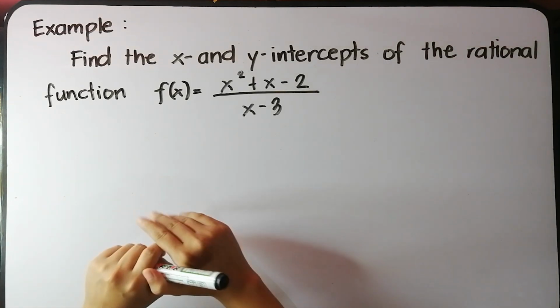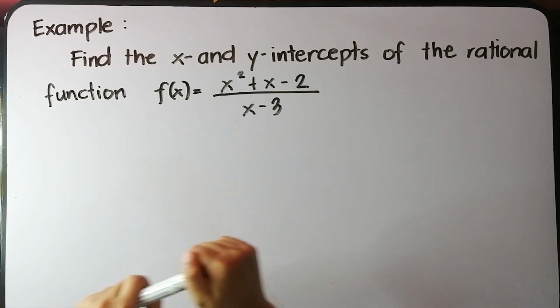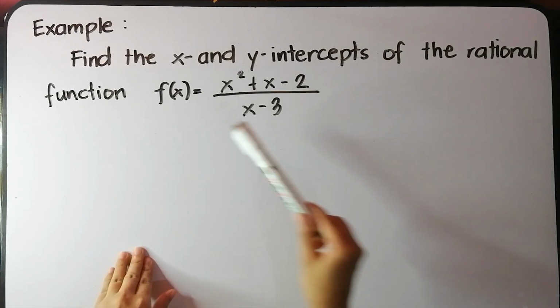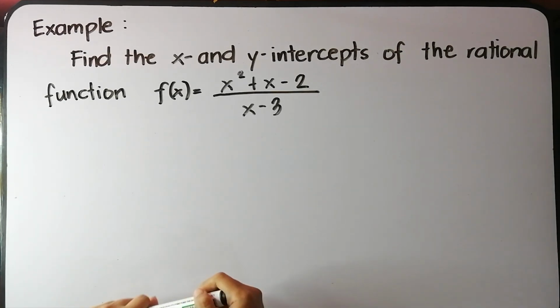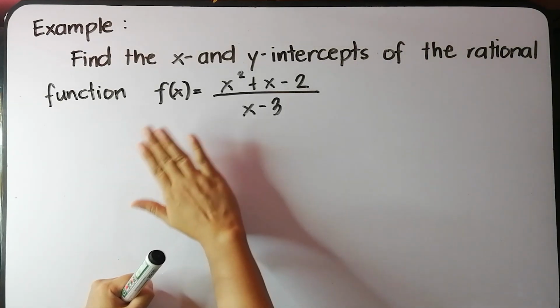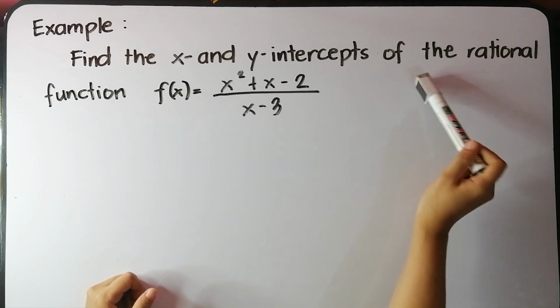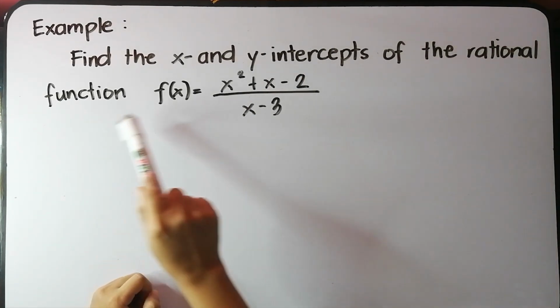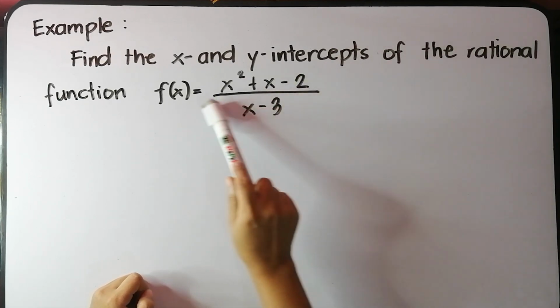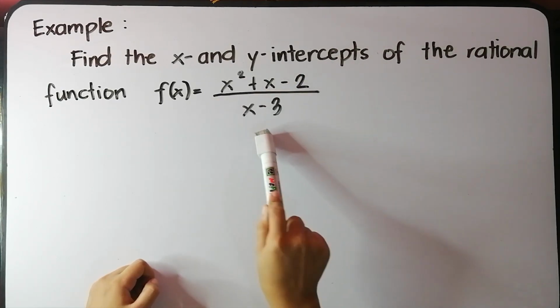Let us have an example in finding the x and y-intercepts of a given rational function. Find the x and y-intercepts of the rational function f(x) = (x squared plus x minus 2) over (x minus 3).